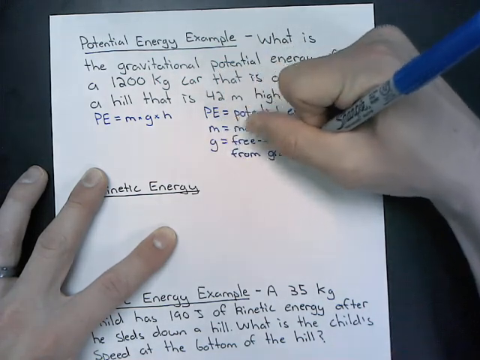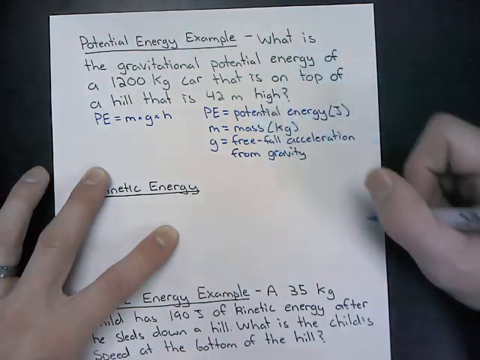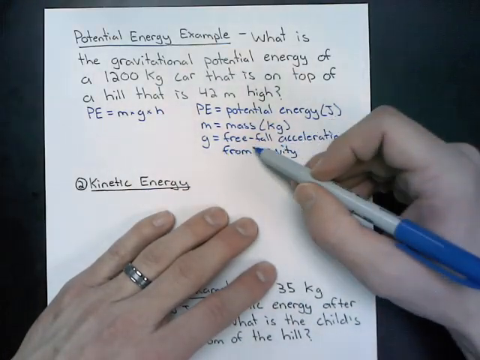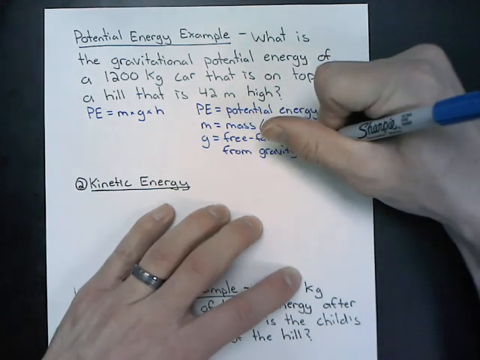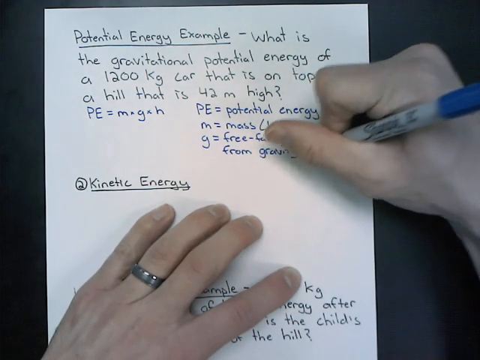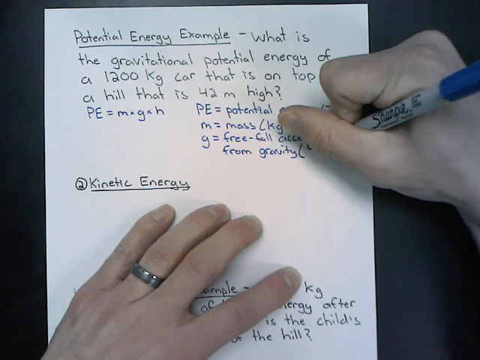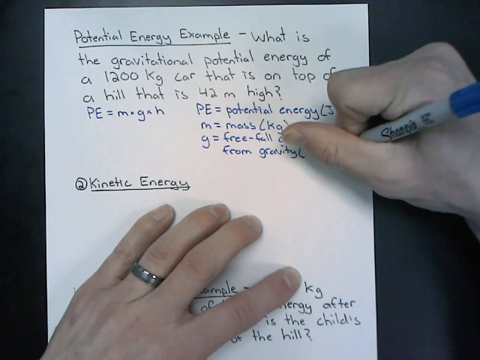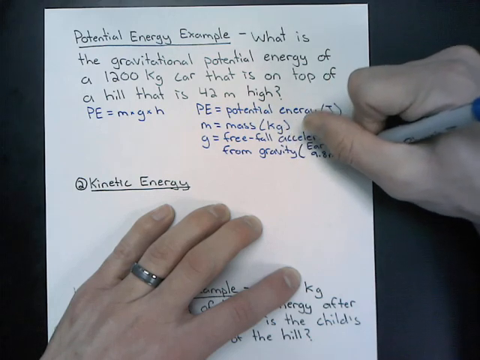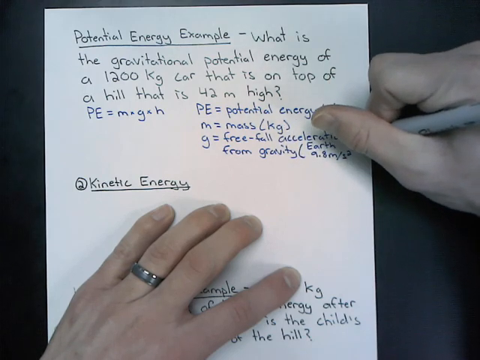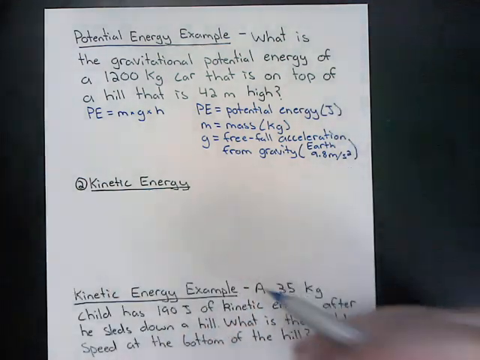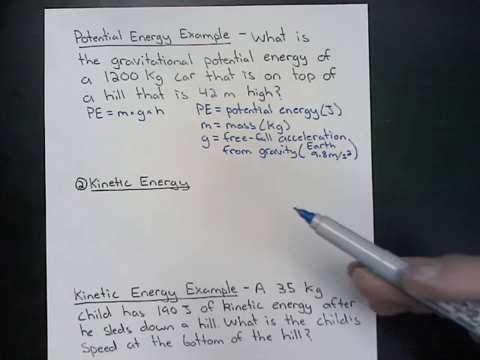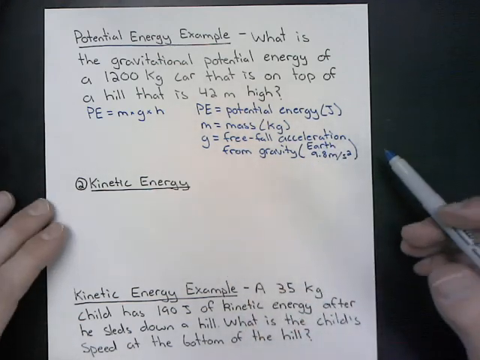Now, on Earth, we have the same g, or we have the same free fall acceleration. And so on Earth, that free fall acceleration is always going to be 9.8 meters per second squared. And that will be pretty consistently used throughout this chapter unless I say we're on a different planet.